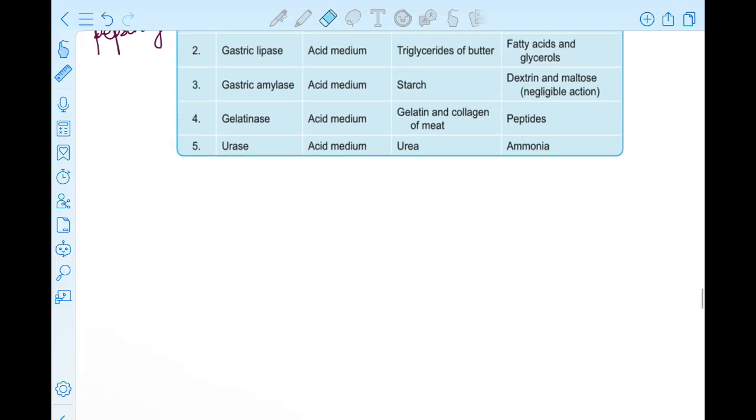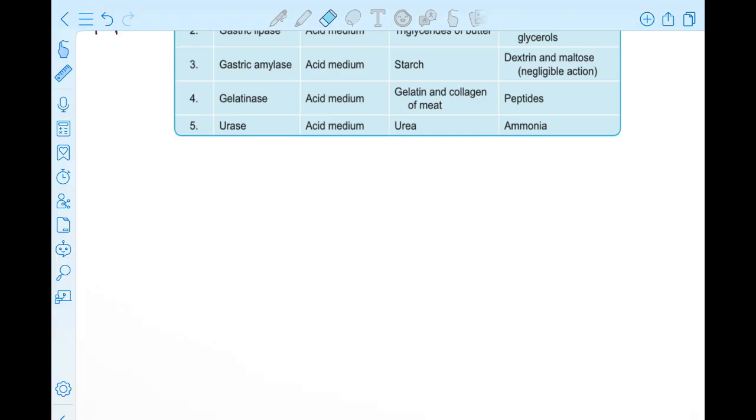Next, we'll have a quick discussion on the secretion of gastric juice, and we'll also discuss the regulation of gastric juice. First, we are discussing in detail the secretion of gastric juice as such.